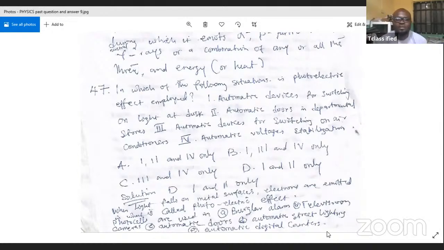They can also be used in automatic switching of light, street lighting, and also in automatic digital counters. So those are where you can employ the photoelectric effect. With that, you can see option D captures 1 and 2, which are clearly where photocells that employ photoelectricity can be used.